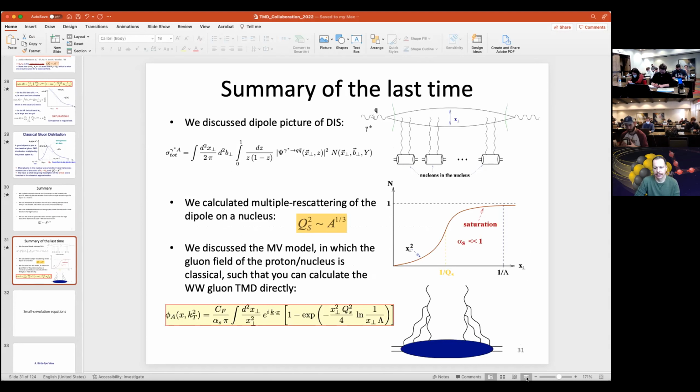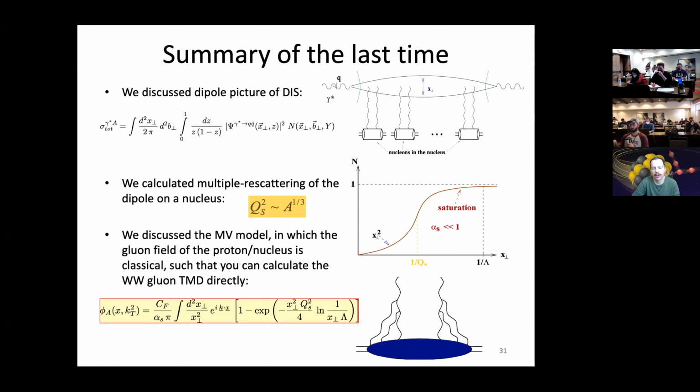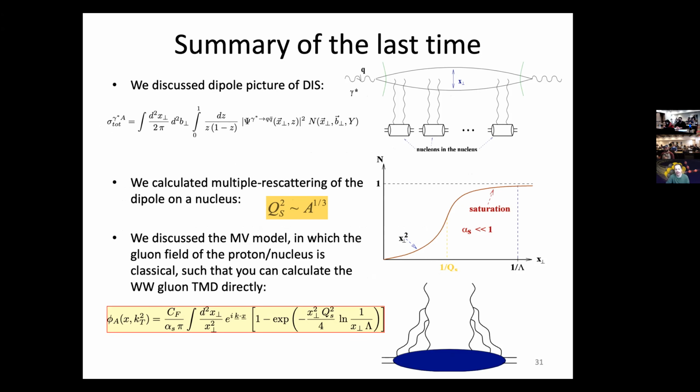This is where I wanted to start. This is a brief summary of what we covered last time. So we discussed a dipole picture of deep inelastic scattering: at small x, the dominant contribution to the deep inelastic scattering cross section and structure functions like F2 and FL comes from the dipole picture, where the virtual photon emitted by a lepton splits into a quark-antiquark pair, and then that quark-antiquark pair, the dipole, travels through the target, shown here to be a nucleus.